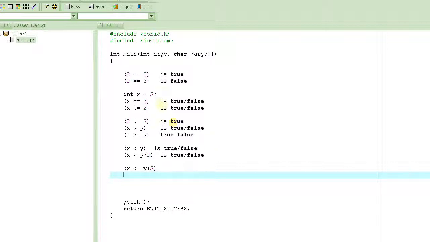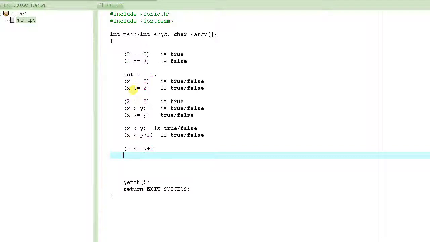So the simple, basic conditions consist of equal to, not equal to, greater than, less than, greater than or equal to, less than or equal to. These are the 6 ways of writing conditions. These are called relational operators, because their operation is to find out the relationship between two entities.